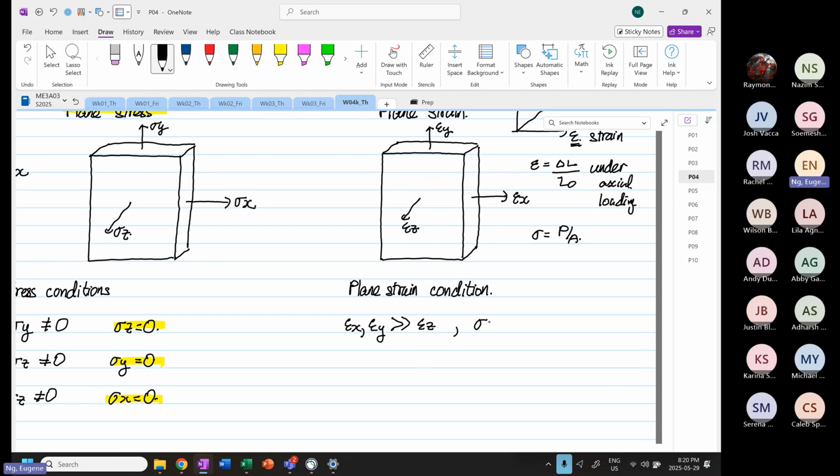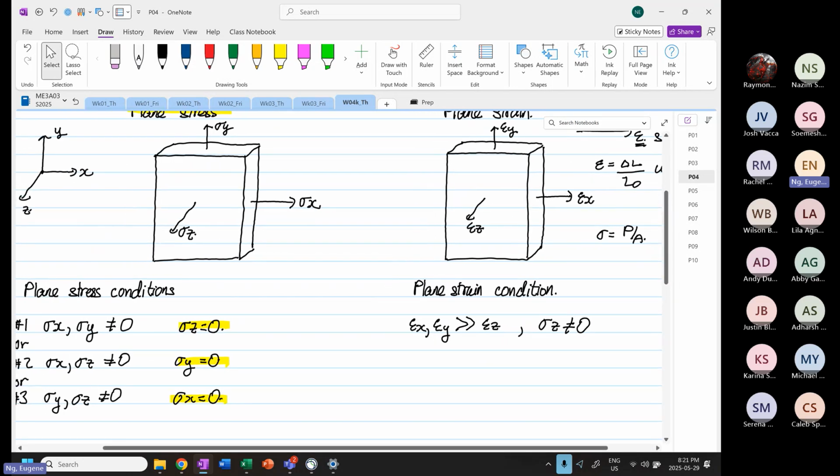However, stress in z direction is not equal to 0. Okay, so that's the difference. Okay, that's the difference between plane stress and plane strain. Okay, so for plane strain, none of the stress states is equal to 0.